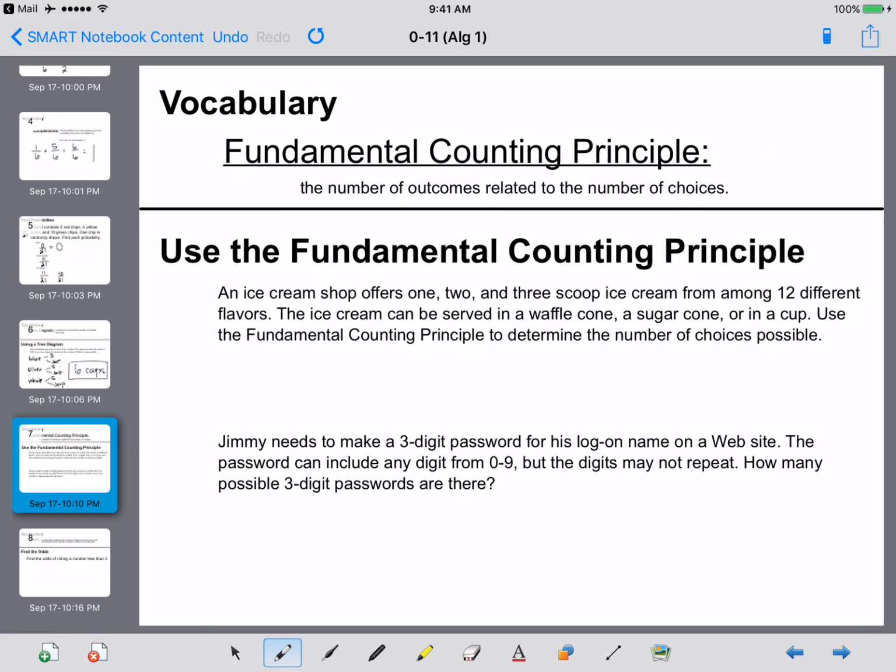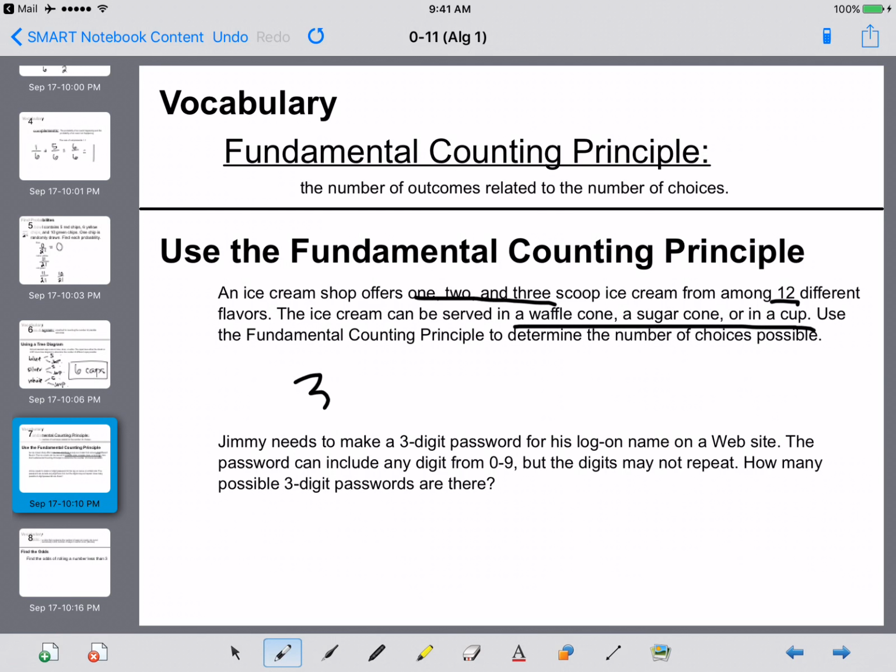You can also use the fundamental counting principle. That relates the number of outcomes to the number of choices. Here we have an ice cream shop that offers 1, 2, or 3 scoop ice cream among 12 different flavors, and they can be served in a waffle, sugar, or in a cup. So our first step is the amount of scoops.